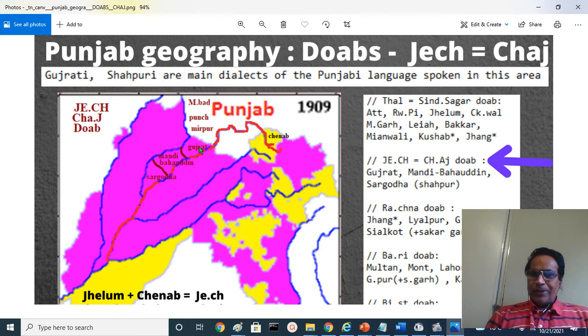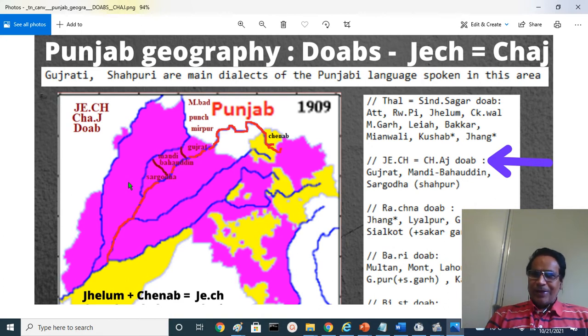So actually Gujrat district, it is not Gujarat, there is a missing letter here, you have to pay attention. So Gujrat district and Mandi Bahauddin district and Shahpur and Sargodha tehsils of the Shahpur district.